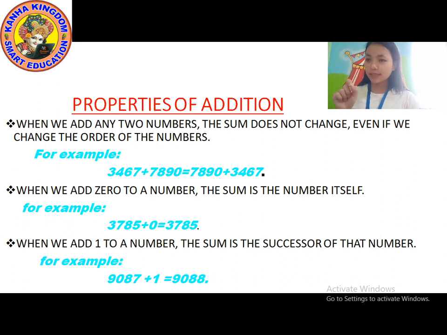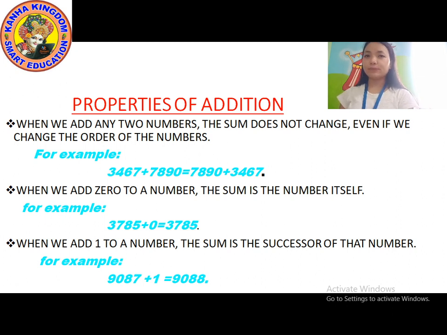If you change the order, that means if you write 2 plus 1 equals 3, the sum does not change, even if we change the order of the numbers. So the first property of addition is, when we add any two numbers, the sum does not change even if we change the order of the numbers.